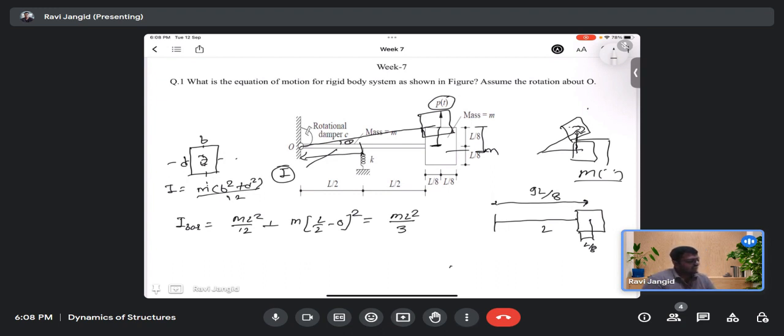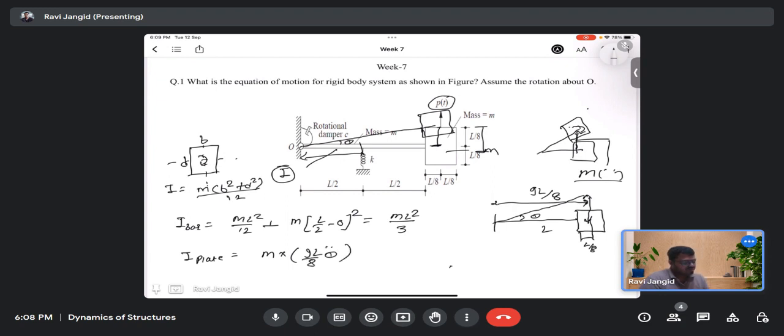So when I give the rotation about this, from this center to this center, it is about theta. So that would be the I of plate, that would be M into 9L by 8 into theta double dot.